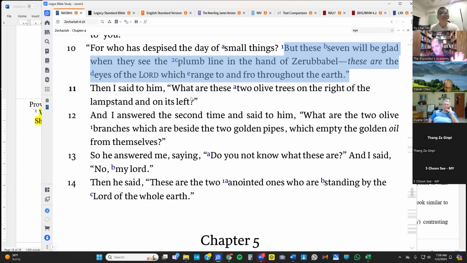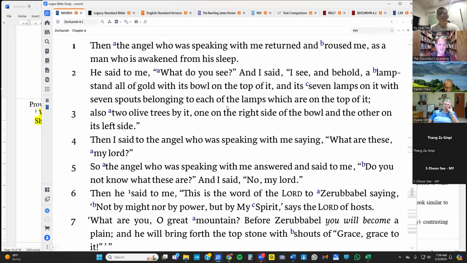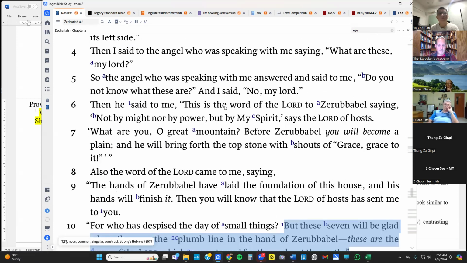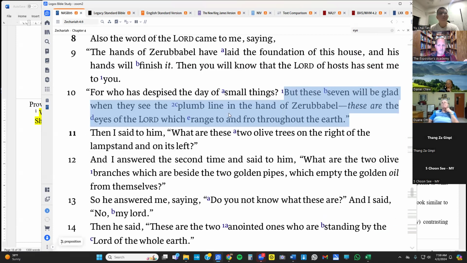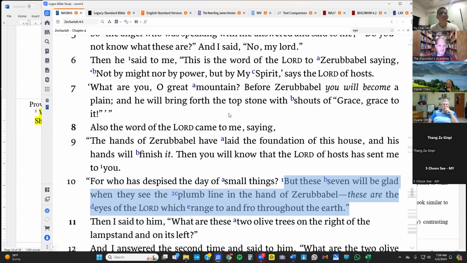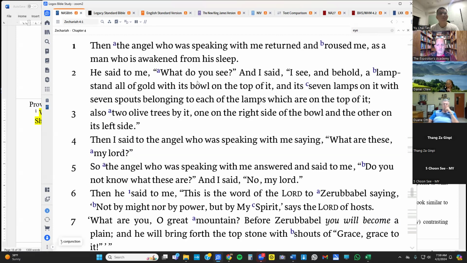But again, seven's not always figurative. In fact, even in Zechariah 4, when he observes the lampstand in the temple, where is it? Sorry, guys, here it is. Okay. So I see the lampstand, with seven lamps and seven spouts belonging to each of the lamps.